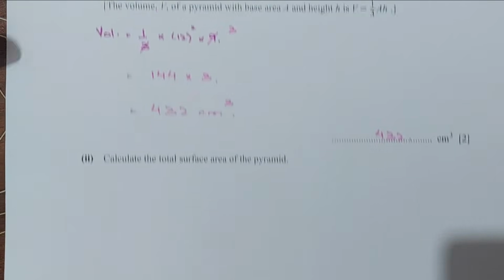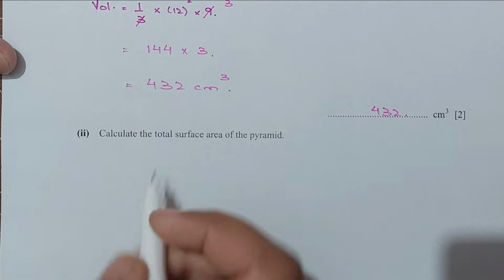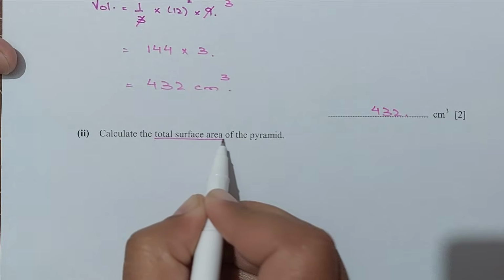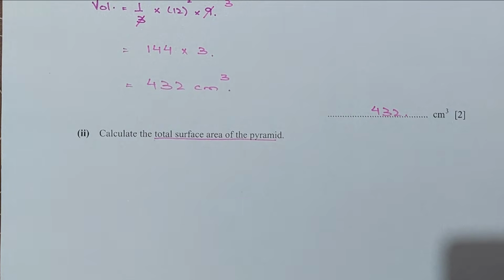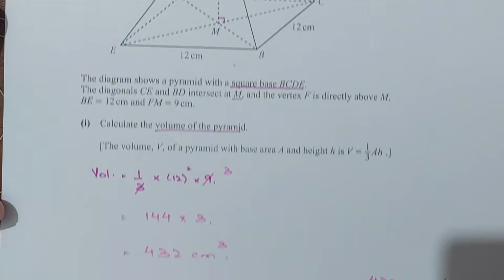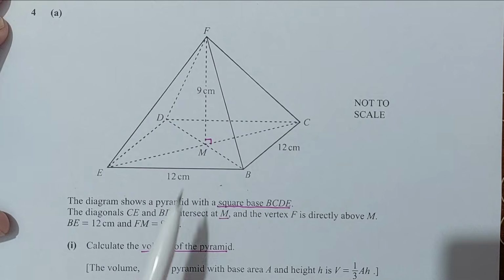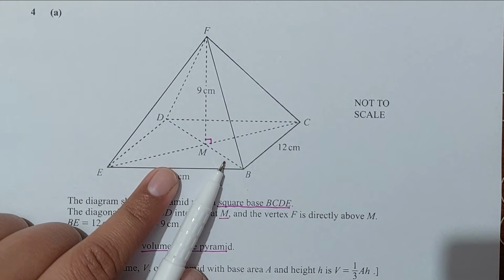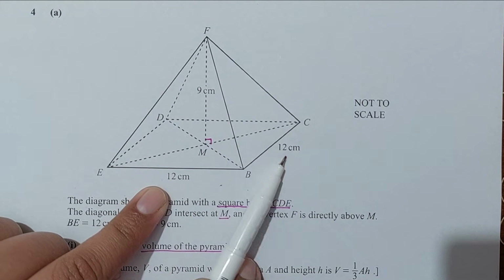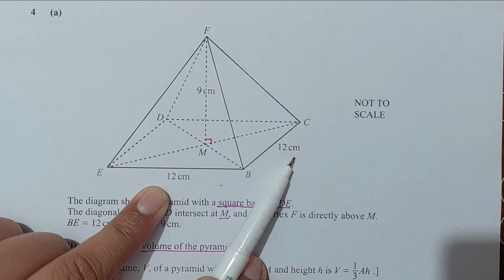Right. Now moving to the second part, calculate the total surface area of the pyramid. As you can see, the pyramid has a square base. So the area of the square is side times side, 12 times 12 is 144.